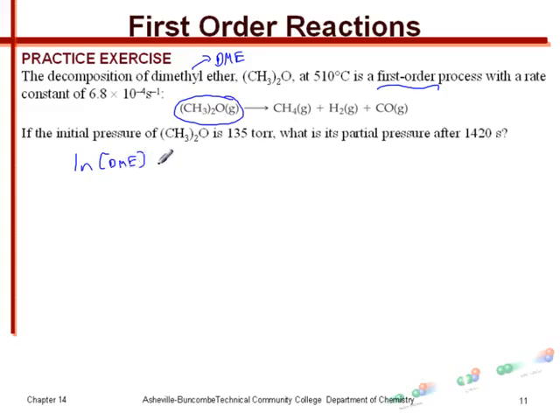If I take that integrated rate law that I developed a few slides ago, again, it allows me to predict what is the concentration of this particular ether at any time in the future, given the rate constant of the particular first order reaction.